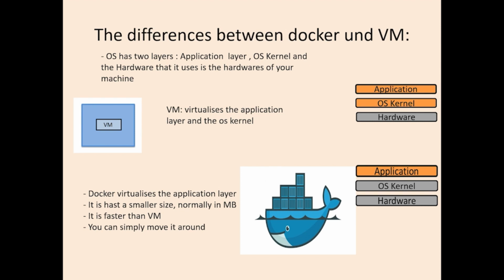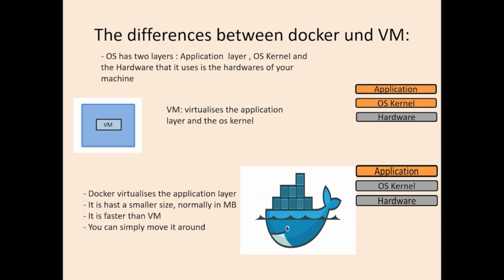Before comparing that, let us talk about an operating system. An operating system, as you know, has two layers: the application layer and the OS kernel layer. The application layer is on top of the OS kernel layer, and this operating system uses the hardware layer of your laptop, of your machine.